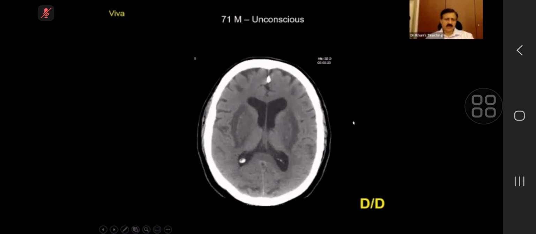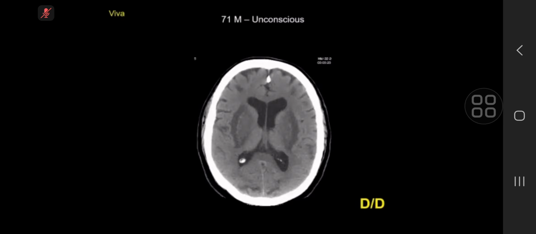Candidate 8, can you see this case? CT scan? Yes. Okay, over to you. Axial non-contrast CT head, static image. There are bilateral symmetrical hypodensities in the lentiform nucleus.